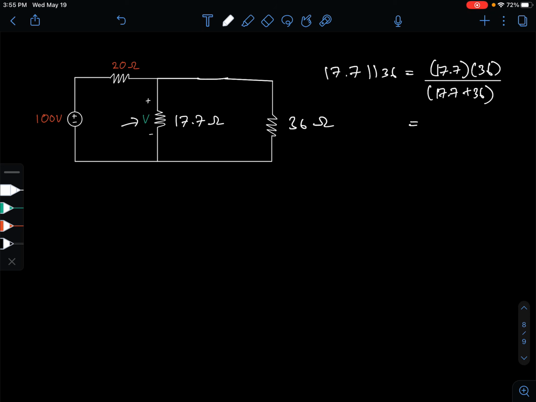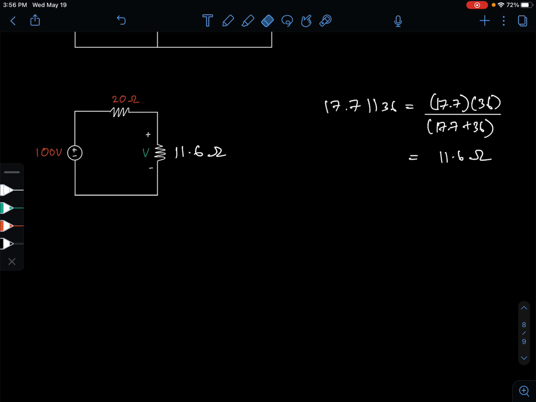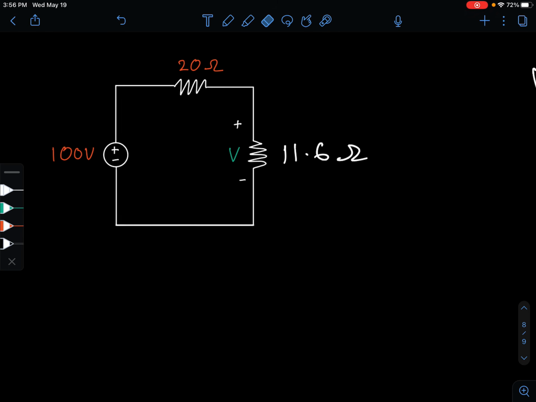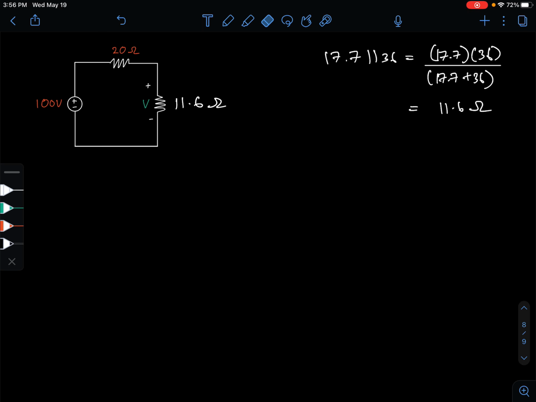And you'll find that this comes out to be about 11.6 ohms. So now that we have simplified it even further, you can see that this resistor turns out to be about 11.6. And this is the circuit that it all boils down to, which is a rather simple circuit now that we have performed the transformation.